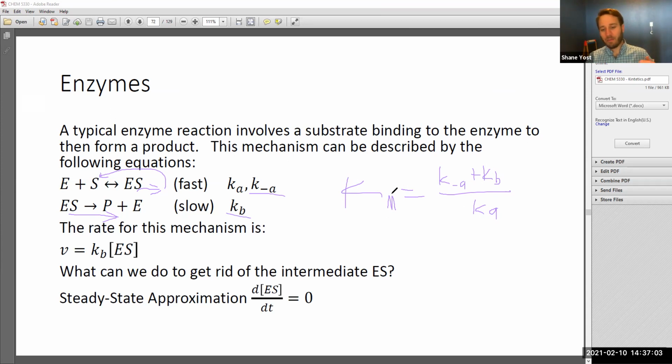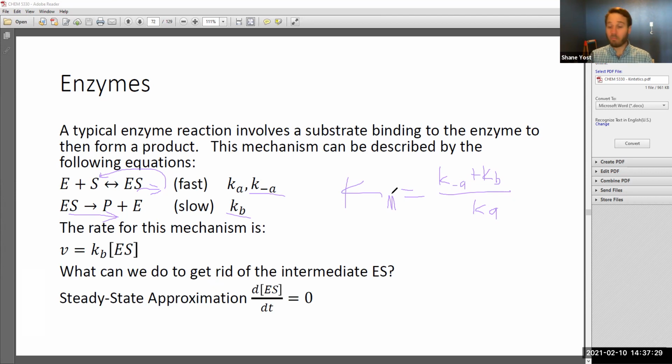But if K minus A plus Kb is very large compared to Ka, such that Km is a large number, kind of the opposite extreme. So when Km is very small, that's indicating your substrate is strongly bound to the enzyme. When Km is very large, it's indicating that the substrate doesn't really bind strongly at all to the enzyme, that as soon as it binds, it's kind of kicked off.